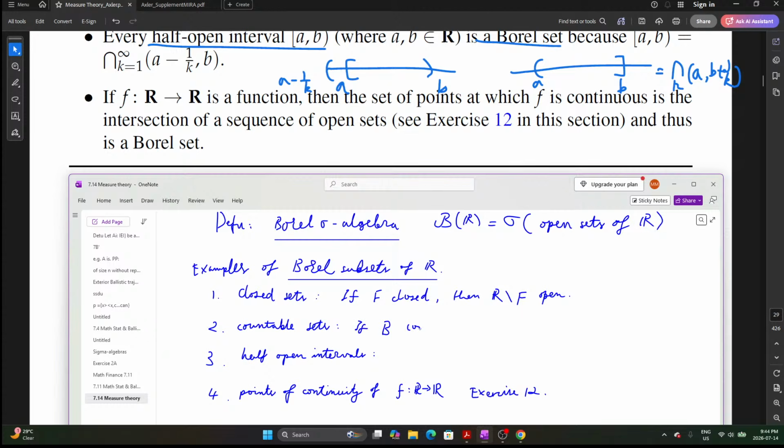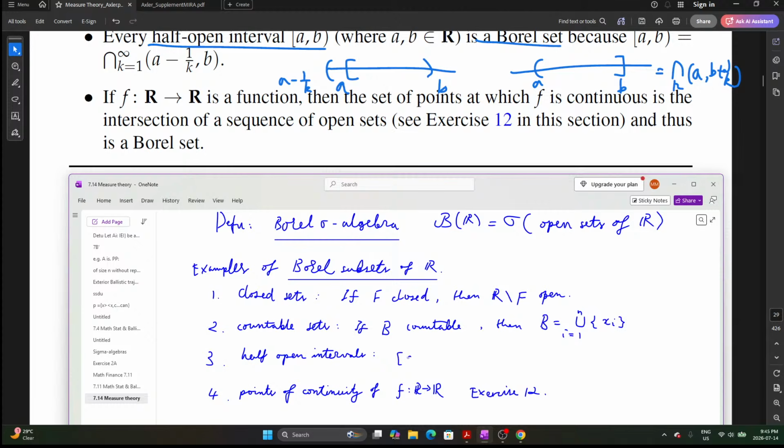If B is countable, then B is a countable union of closed sets.